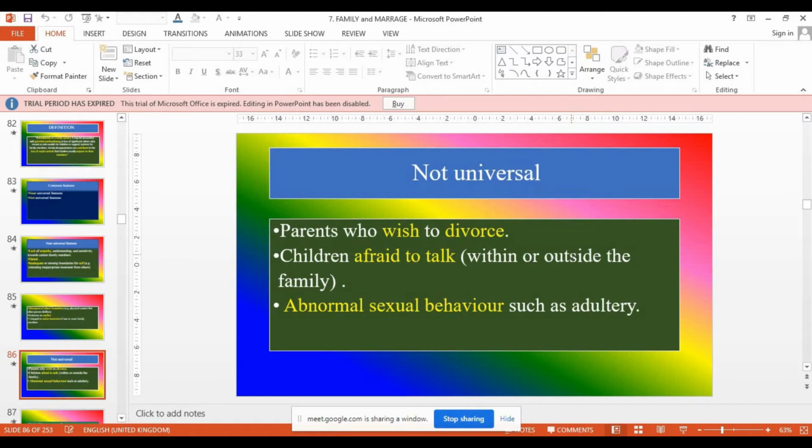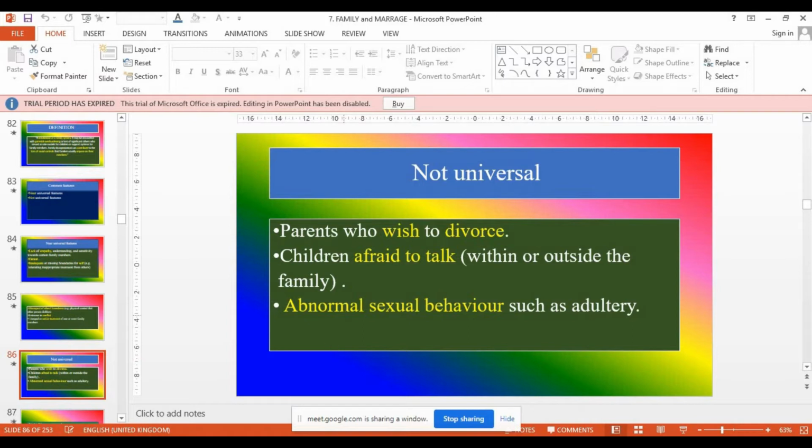In some families, parents do not allow children to speak within the family as well as outside the family, which causes lack of socialization and leads to other problems.